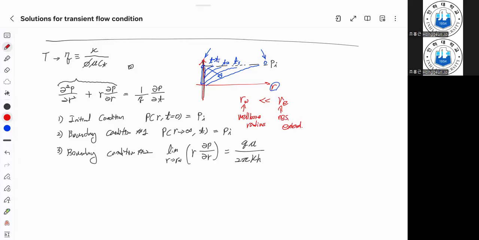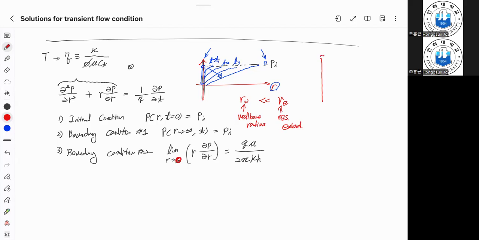So to make the solution simpler, instead of r going to rw, we say r goes to 0. Meaning we assume that this wellbore is just like a single line, so it doesn't really have any radius size.